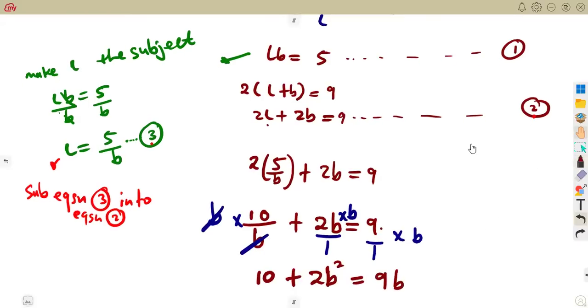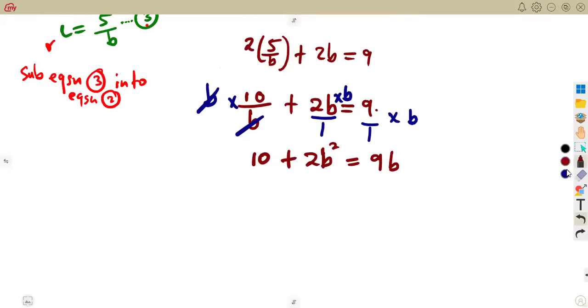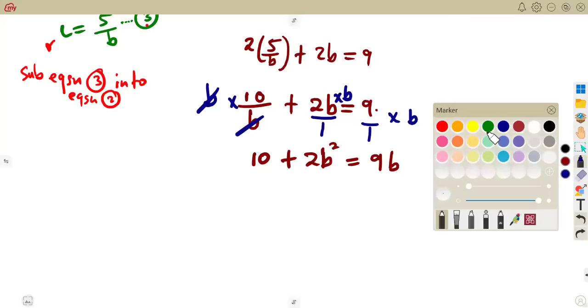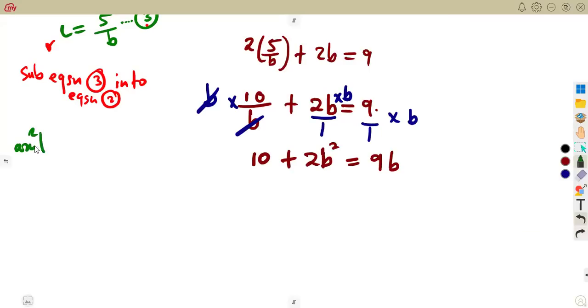So looking into this, we can see that's a quadratic. We have a quadratic equation. The highest power, the highest exponent, is what? It is 2. So remember the format of your quadratic equation: ax squared plus bx plus c is equal to 0. One side must be equal to 0. So you're going to take this to the other side.